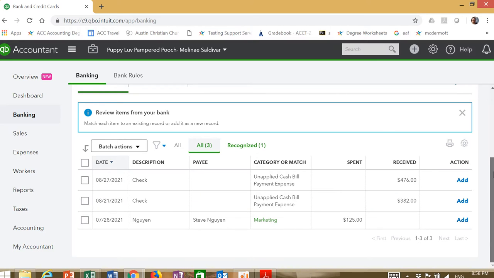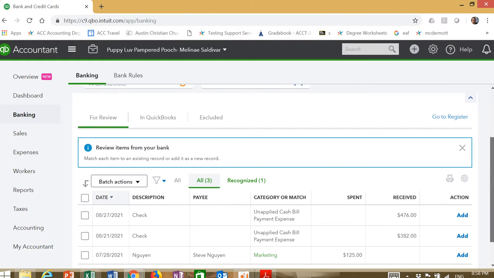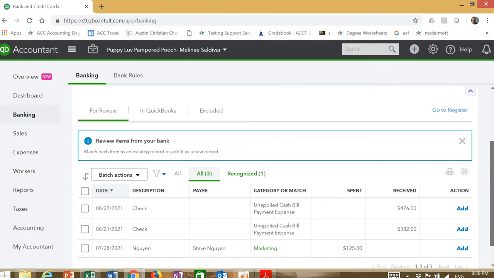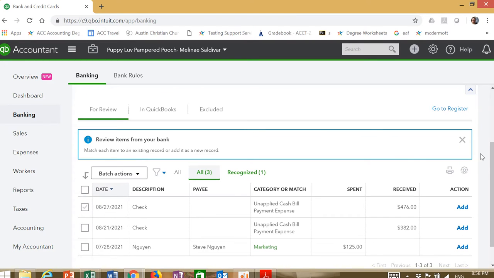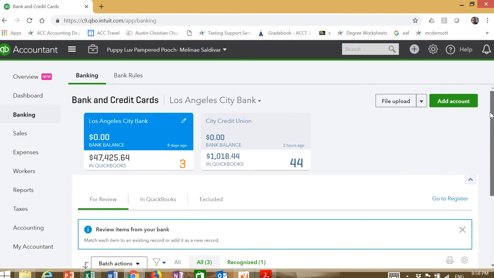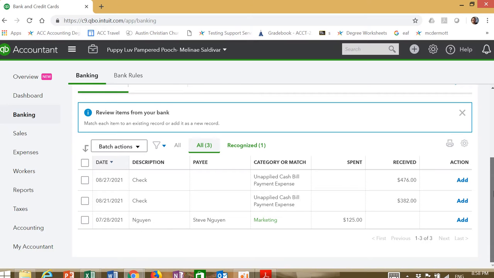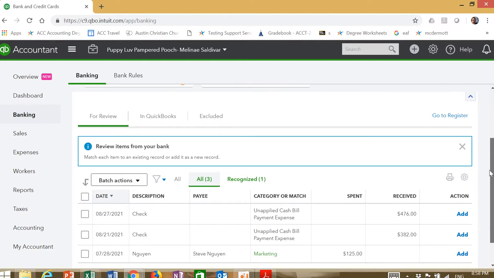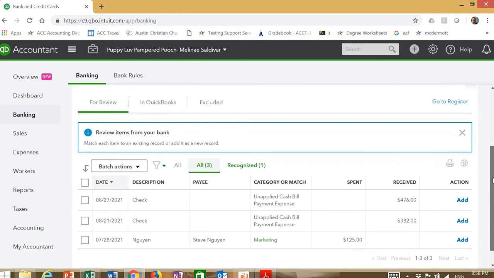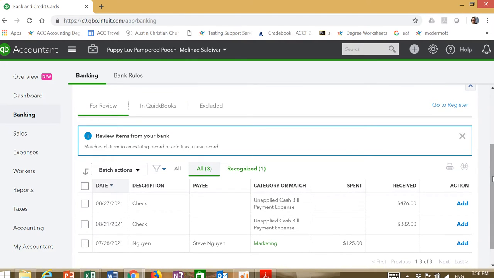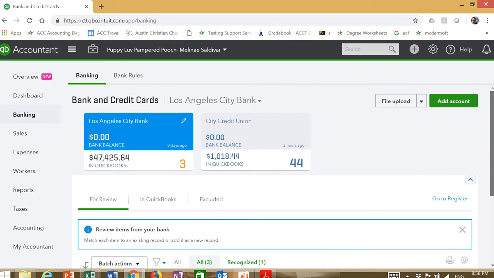So there. And let's see this recognized one. Yeah, so what we can do to get this to work is we'll just try that off cycle thing again.